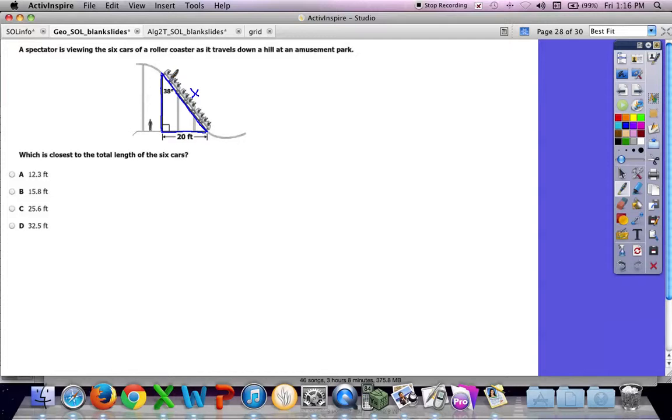Well, I think we did this in a previous slide, but remember, in order to remember which trig functions to use, some people use SOHCAHTOA, which tells us that the sine is opposite over hypotenuse, the cosine is adjacent over hypotenuse, the tangent is opposite over adjacent.